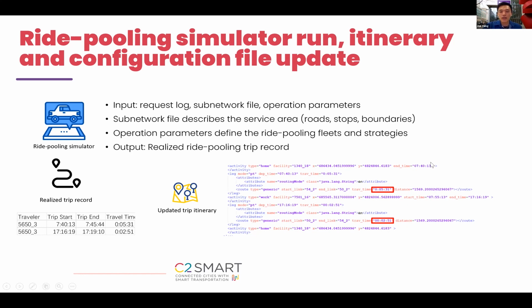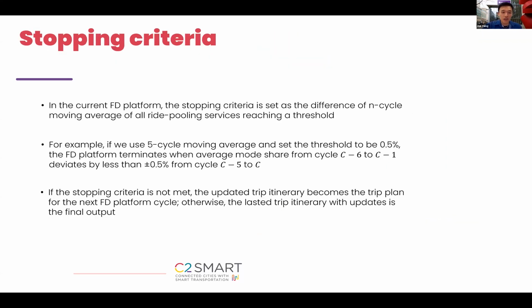And this itinerary can be used as an input in the following MATSim run again. So that's how it can be fed back as a cycle, going through this cycle again and again to generate consecutive runs and consecutive outputs.